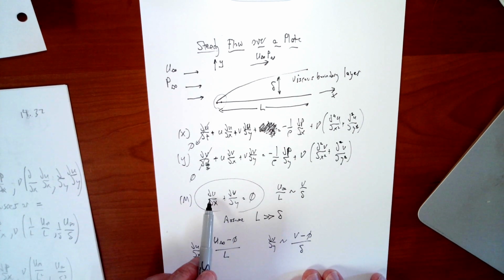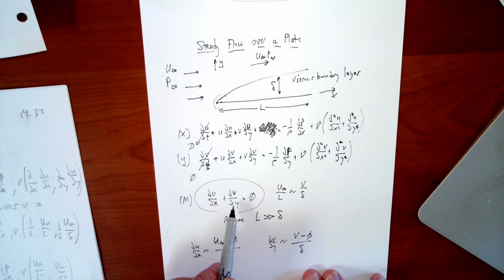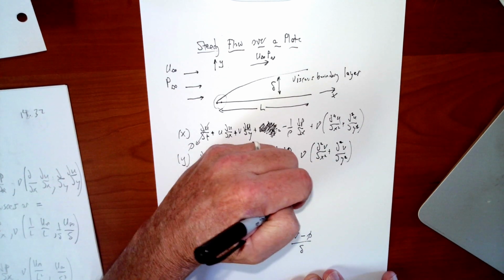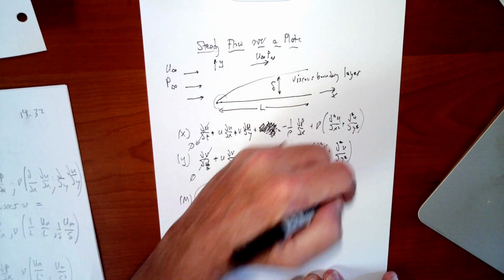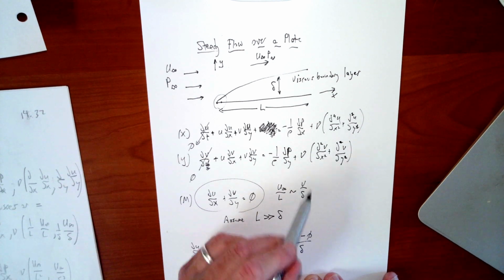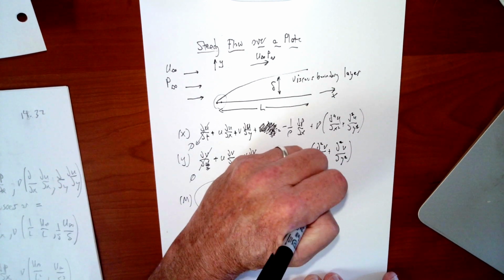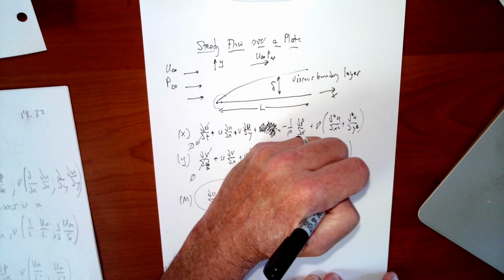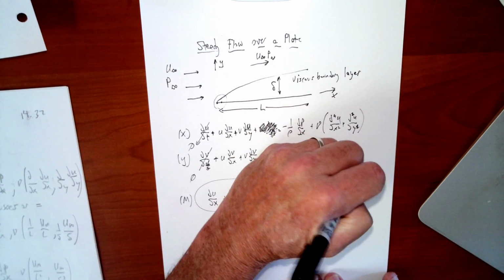If this is a million and this is 0.1, you can't add them and get 0. The only way you can add two things and get 0 is if they are basically the same size, so that you can make one of them negative. So the size of this has to be the same as the size of that. Therefore, V has to be the size of delta over L times U infinity.